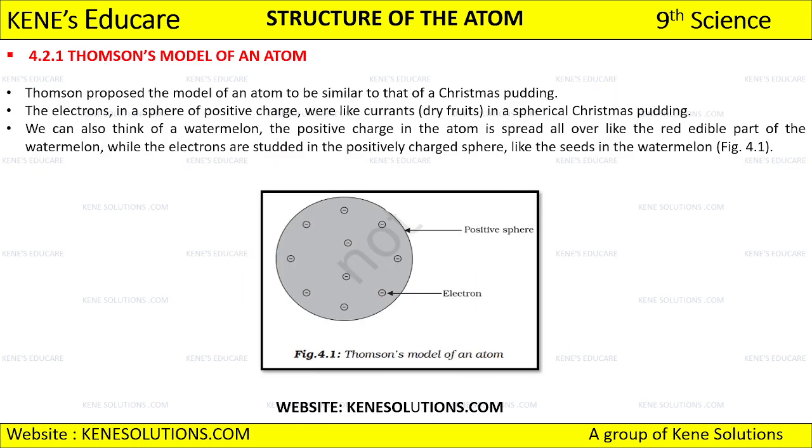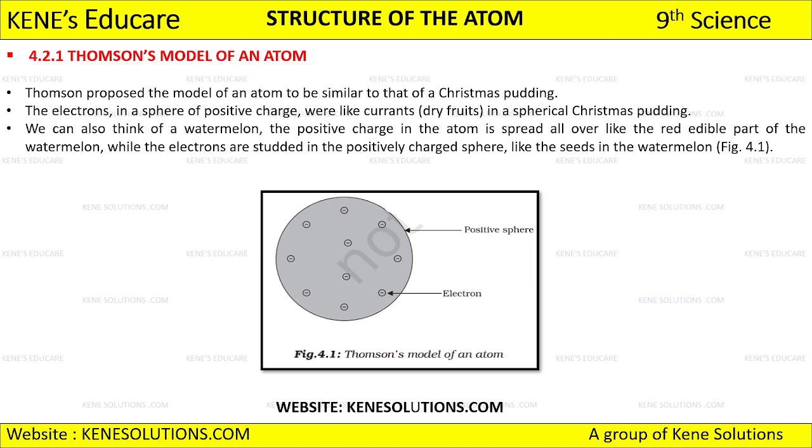After this, we discussed Thomson's model of an atom. Thomson's model is also called the plum pudding model. This is how you need to represent Thomson's model of an atom, which has a positive sphere, and inside that positive sphere we have electrons.